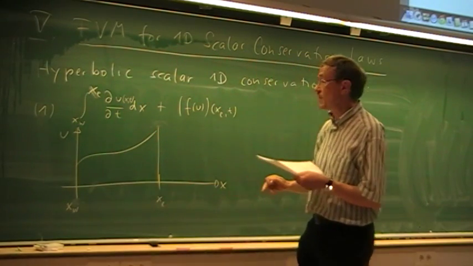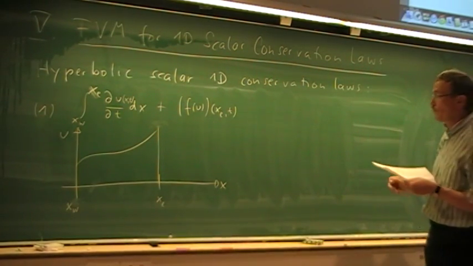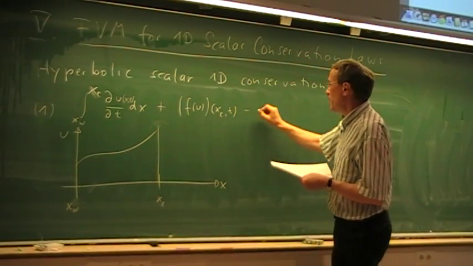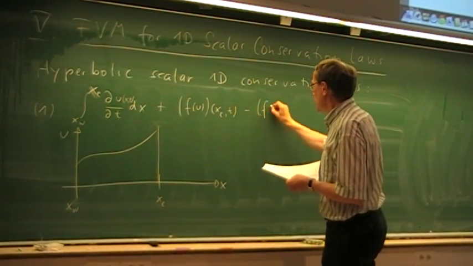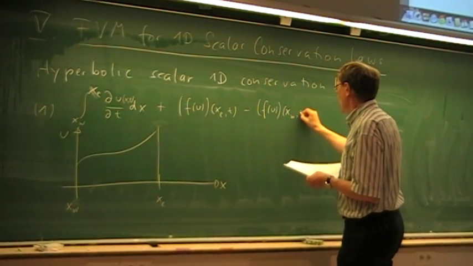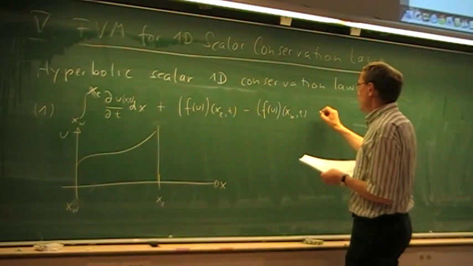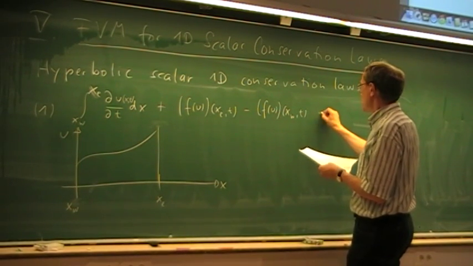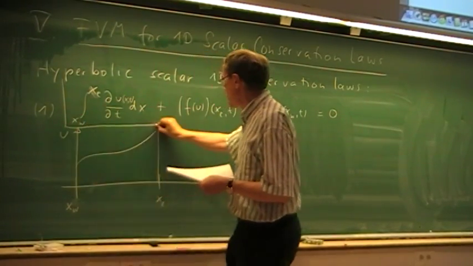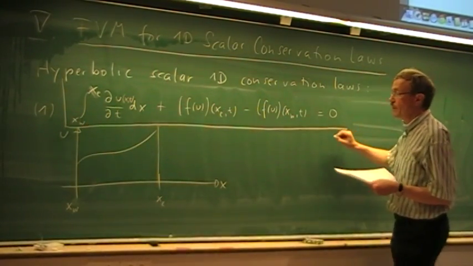The u here is a function of x and t. So then we have the flux that is leaving the eastern face minus the flux that is entering the western face. And that is, in the simple case, just 0. So we do not consider source terms at this point.